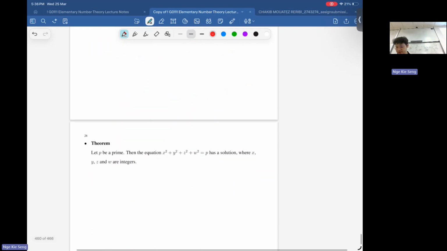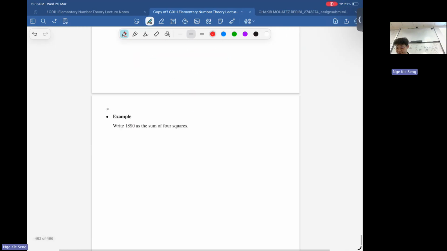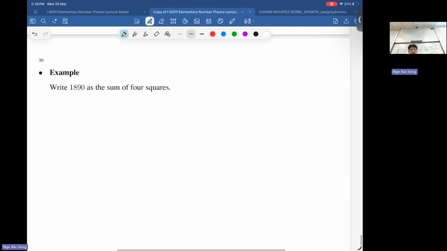Okay, so in that case, if you know that, how about doing this? You write this as a sum of 4 squares. What's the first thing you should do based on the theorem that you know already? You could guess, try and error. But if you don't try and error, what's the algorithm?